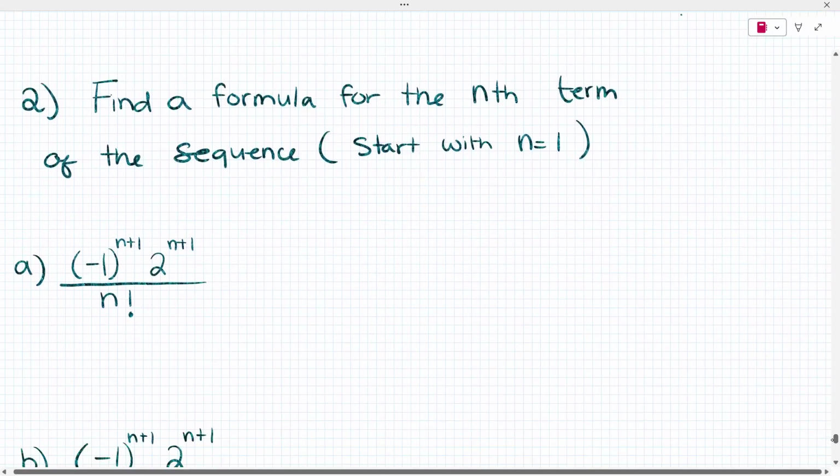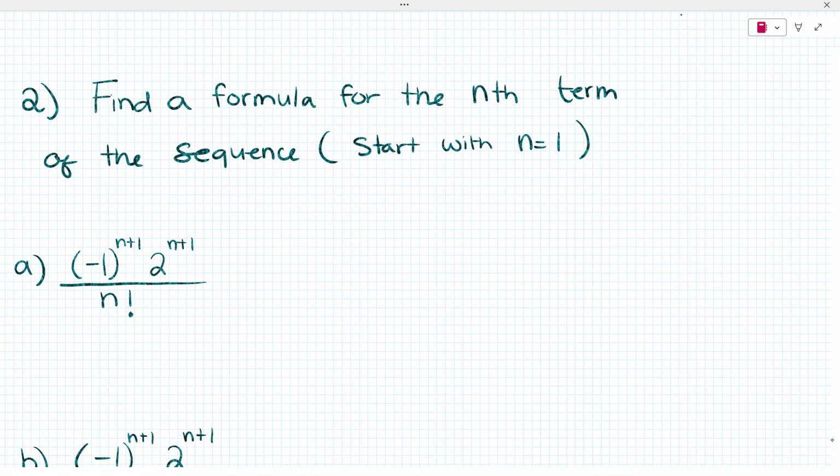Okay, number two says find a formula for the nth term of the sequence, and start with n equals 1. Our numbers are -2, 4, -8 over 2.